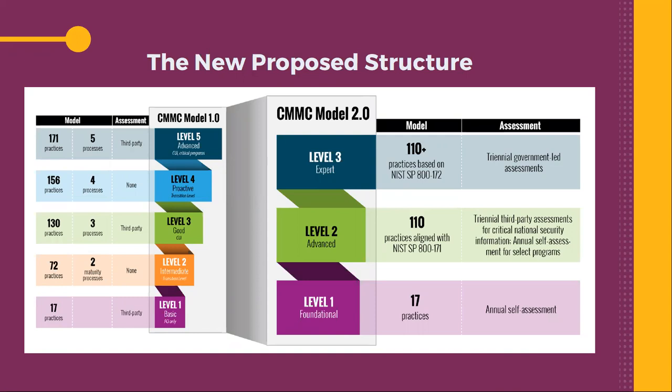And then lastly, at the highest level, there will be triennial government-led assessments. However, many of the C3PAOs will be working with those organizations at that level to get them prepared and to go through that process, and then passed on to this government oversight body.